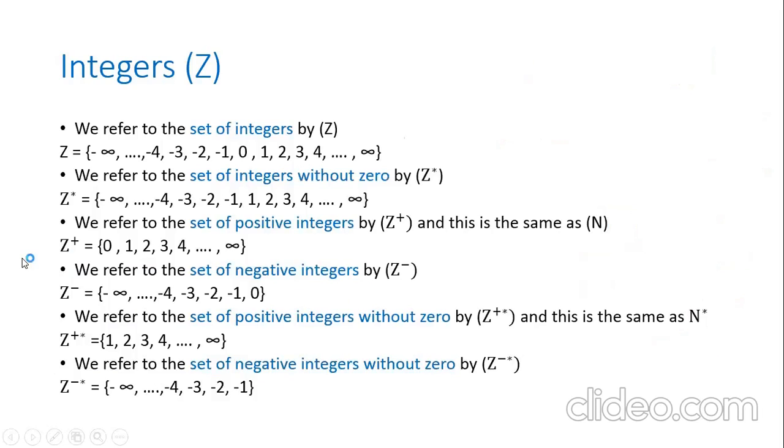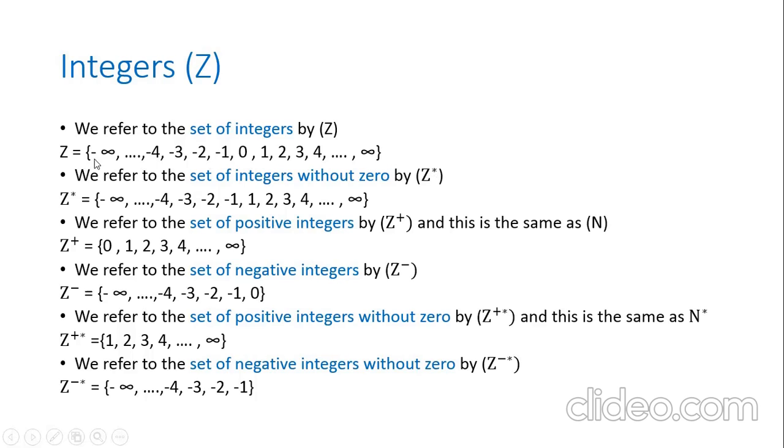Now let's see how we refer to the sets of integers and the partial sets of the integer set. We refer to the set of integers by Z, as we saw before, and it starts from -infinity. It goes to -2, -1, 0, 1, 2, 3, and it goes again to infinity. We refer to the set of integers without 0 by Z with a small star on the top right corner.